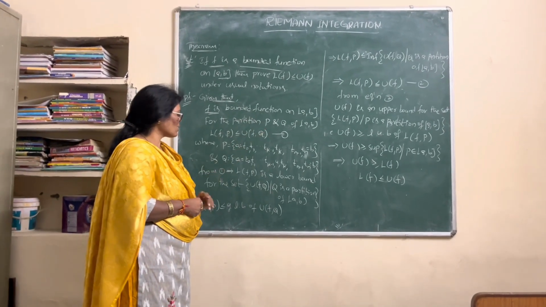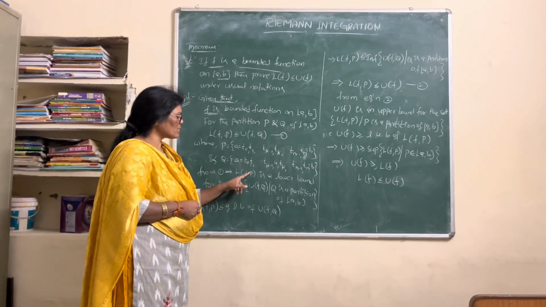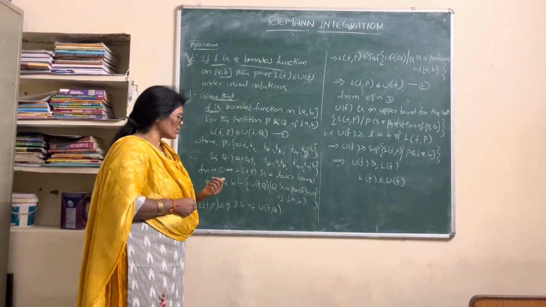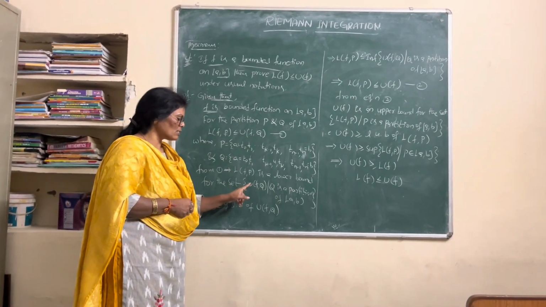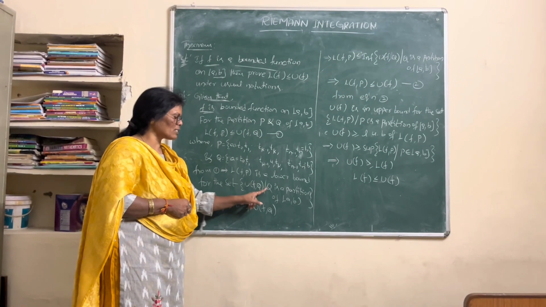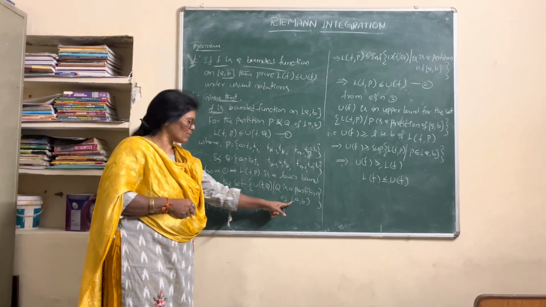So from this equation, LFP is a lower bound of the set UFQ where Q is a partition of the closed interval a comma b, right now.